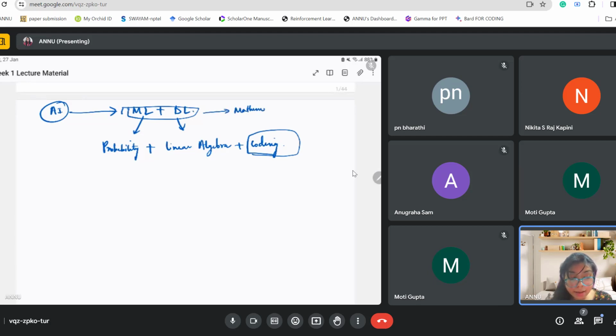It's a branch of statistics plus mathematics, and it comes under the domain of interdisciplinary study. It doesn't matter which background you are from, you can learn at any stage, at any age. The only thing you require is your willingness to learn.